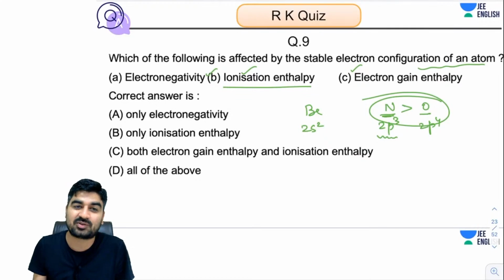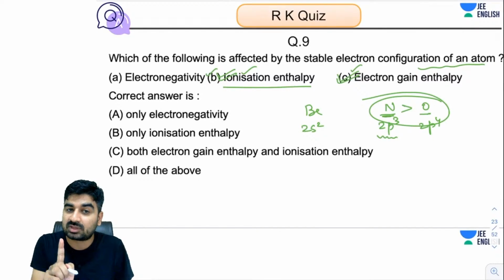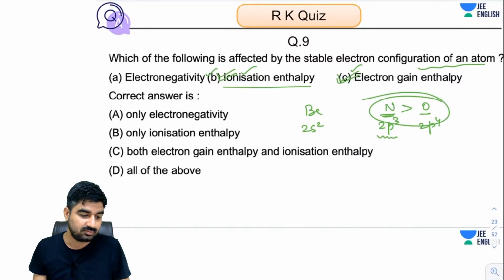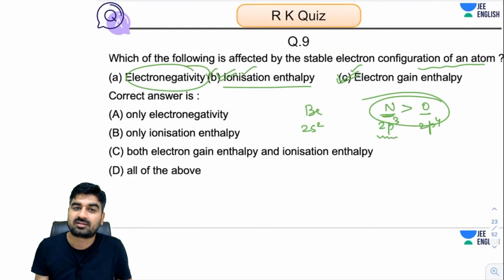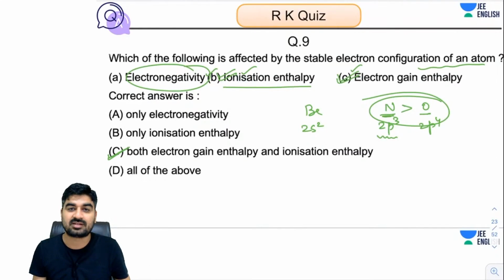So it has low electron affinity as well. So electron affinity, or electron gain enthalpy, and ionization enthalpy both depend upon configuration, whether it is exactly half filled or fully filled. Electronegativity has nothing to do with that. It does not depend upon the configuration. So the answer will be C. Yes, Priya, you are right.